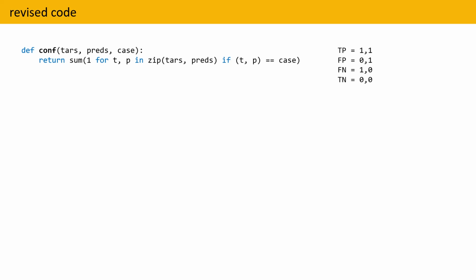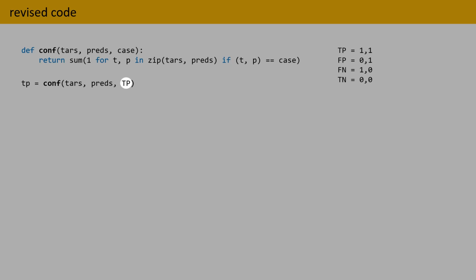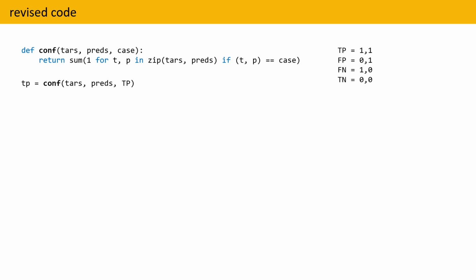To compute the true positives, for instance, we now can simply call conf with the constant tp for the case parameter. In summary, we have successfully replaced 4 functions, each with multiple lines of repeated code, by a single function containing 1 line of code and without any code repetition.